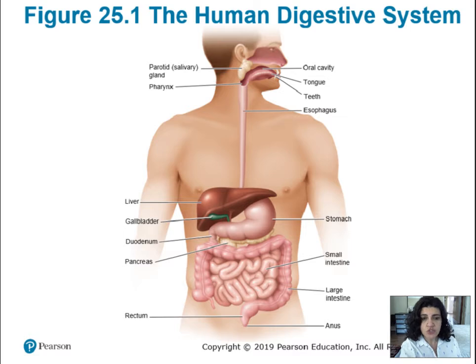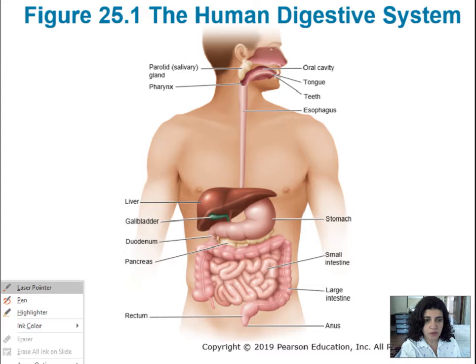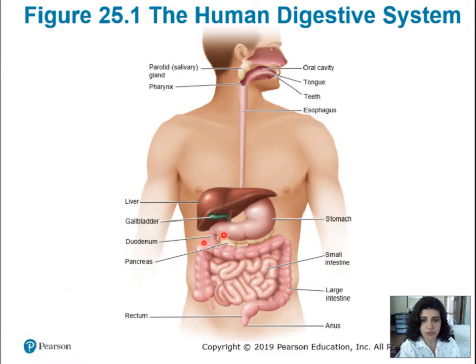When we think about the digestive system, also remember there are some accessory organs, which are the pancreas. Here we go, the pancreas is this part. See, it's an organ right under, inferior to the stomach. And then you have the liver and the gallbladder.